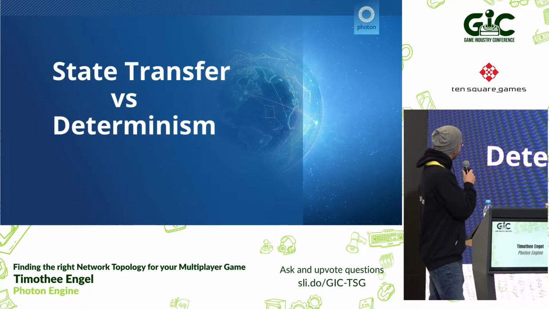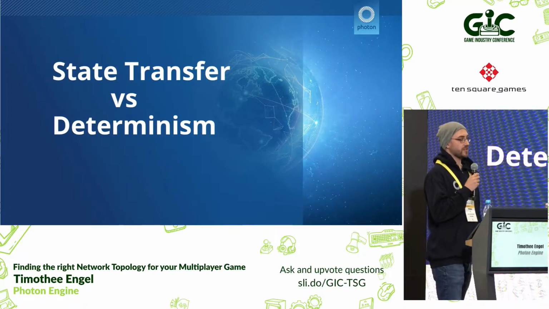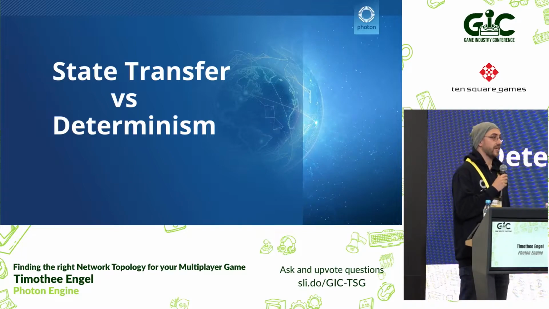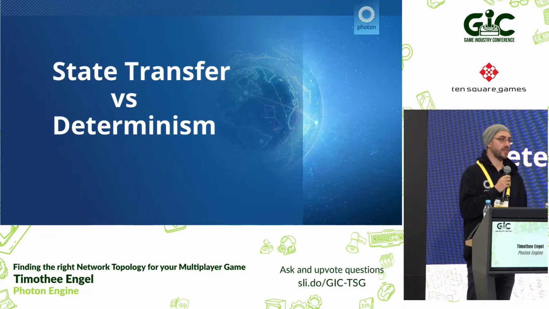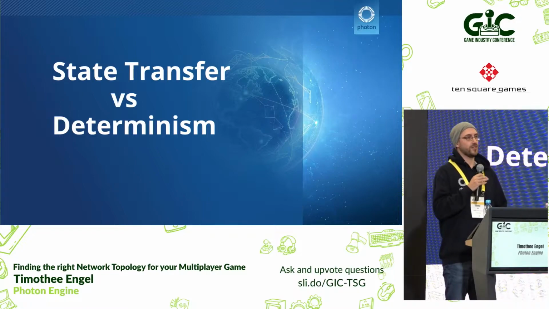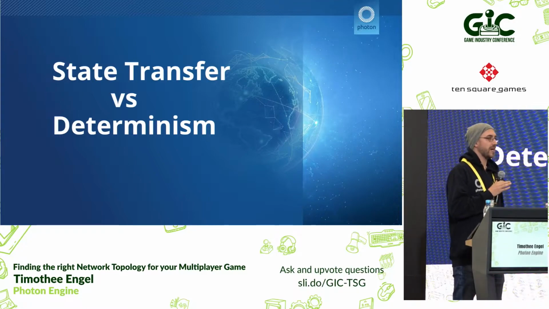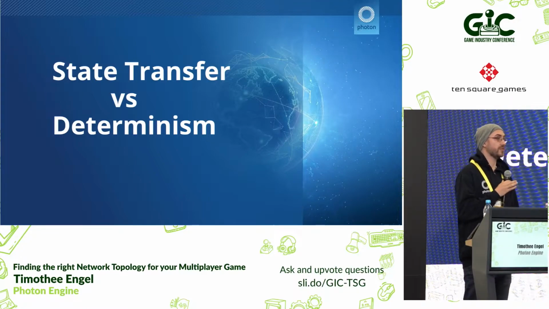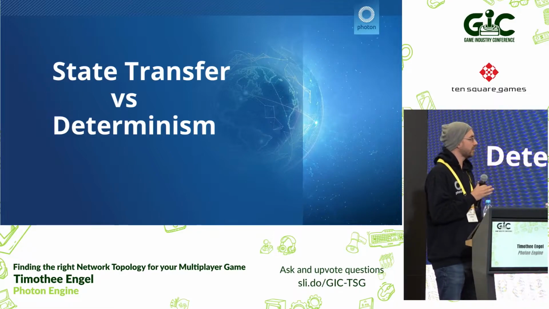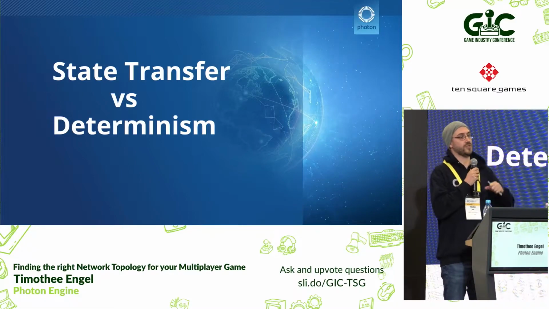But okay, let's go now into the actual meat of this presentation, and that is the technologies that we can use. Technologies and the concepts for multiplayer have pretty much been established already 30 years ago. There are two types, state transfer and determinism.